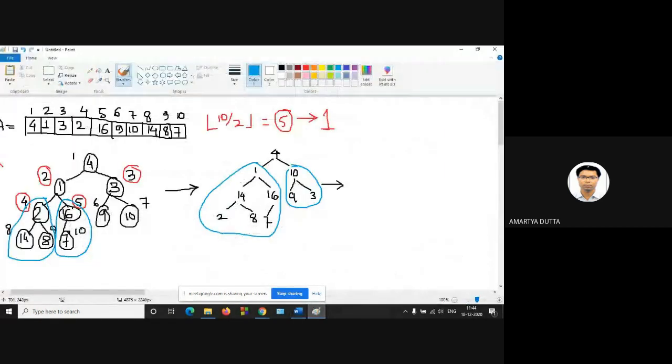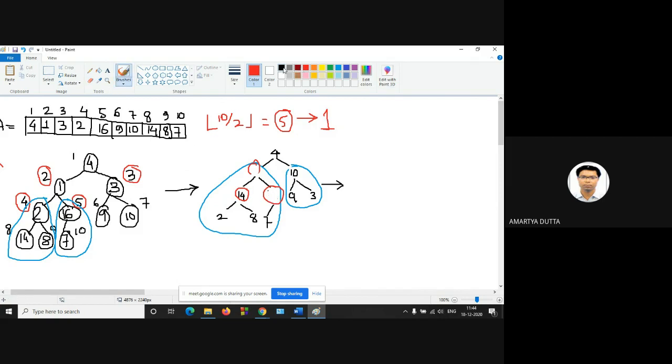It will first check 1 with 14 and 16. Which one is greater? As this is the max heap, 1 is replaced with 16. So this will be 16 and this will be 1. Okay.